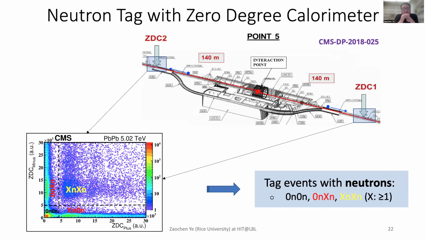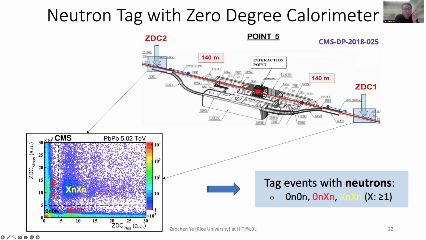While the J/psi is reconstructed by the central detector, the CMS main detector system, the average impact parameter is controlled by the forward neutrons measured by the ZDCs. Here, the ZDC is located at about 140 meters away from the interaction point on each side of the CMS system.